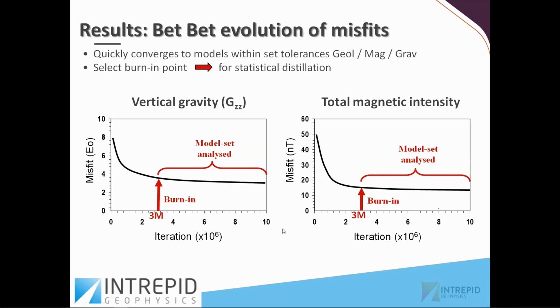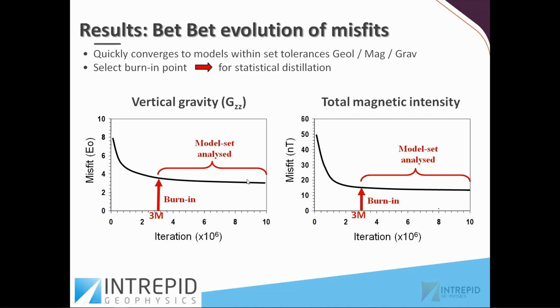This is a summary of the inversion process of the base model. This is showing the evolution of the misfit. We are able to see the vertical gravity GZZ evolution misfit curve and the total magnetic intensity misfit curve.